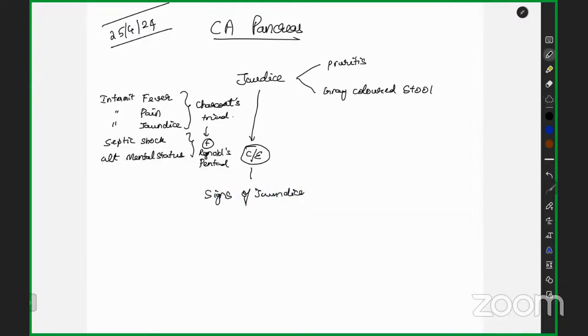While doing the examination, the lump will be either negative or positive. Next you have to go for another important thing, which is the next step of investigation. But before moving to any investigation, what should you do? You have to do a proper clinical examination.